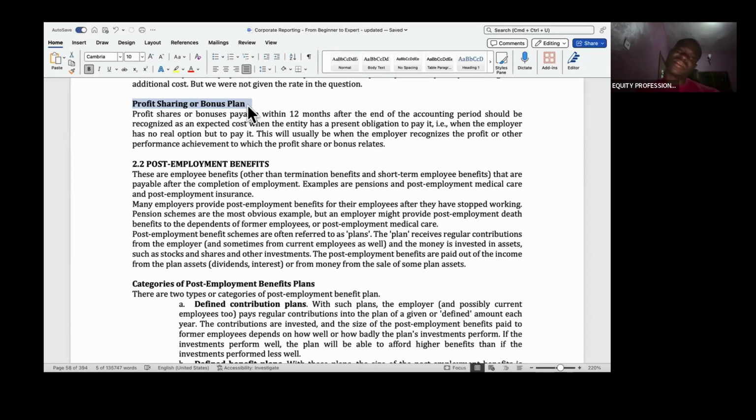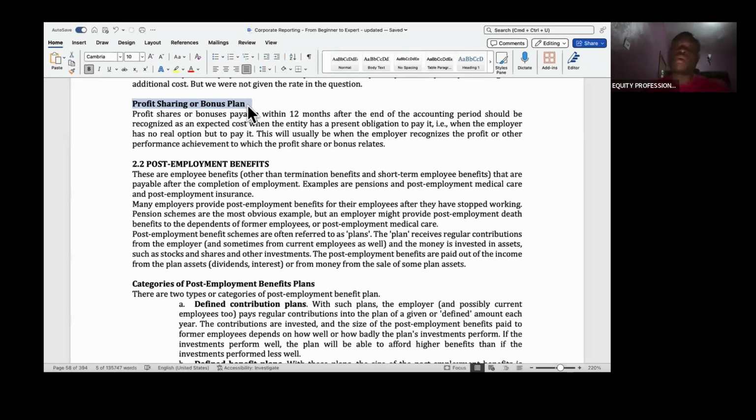But in most cases, it might also be at the discretion of management, where they will not attach it to profit targets. They are the ones that will decide that, okay, we are giving bonus, we are not giving bonus. So in such an instance, it's at the point where they have publicly declared to staff that we are giving everybody bonus.